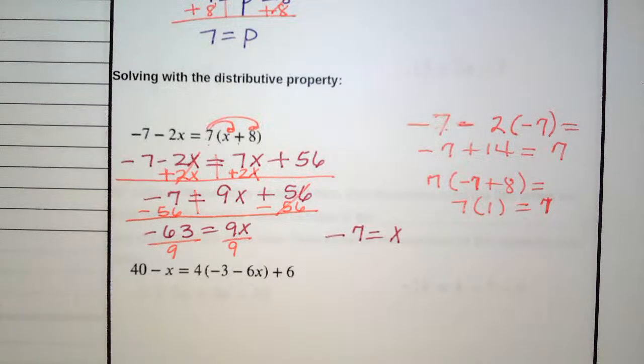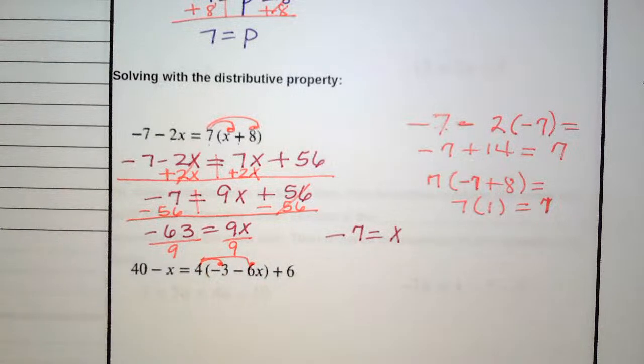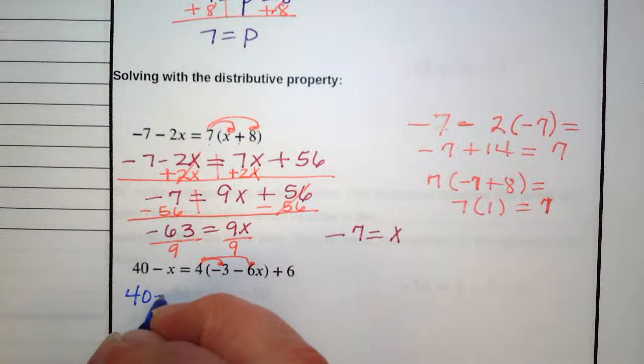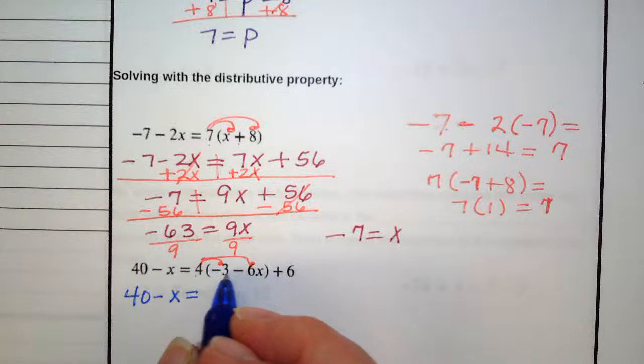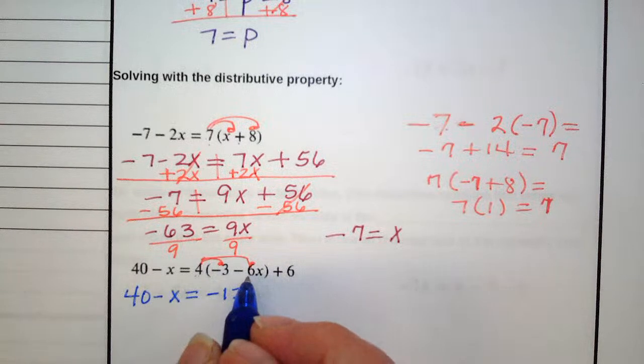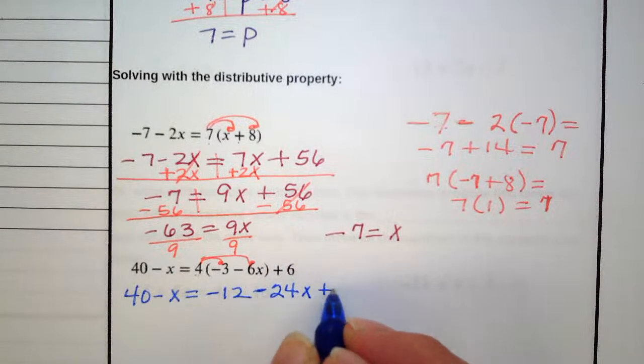Finally, we have the last one. We cannot simplify anything here, so we're going to multiply everything by 4. 40 minus x will not change. 4 times negative 3 is negative 12. 4 times negative 6x is negative 24x plus 6.